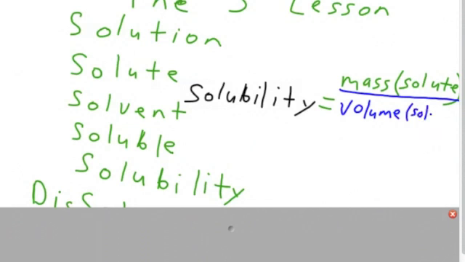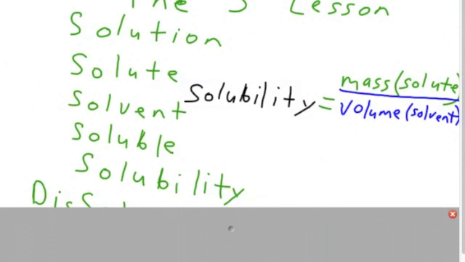Solvent. So that's what solubility equals. Solubility refers to the amount of solute that can completely dissolve into a certain volume of solvent.